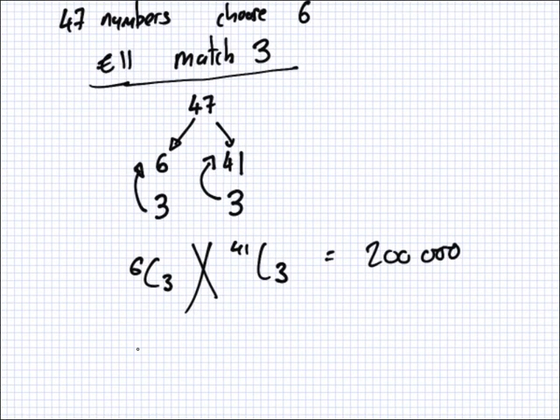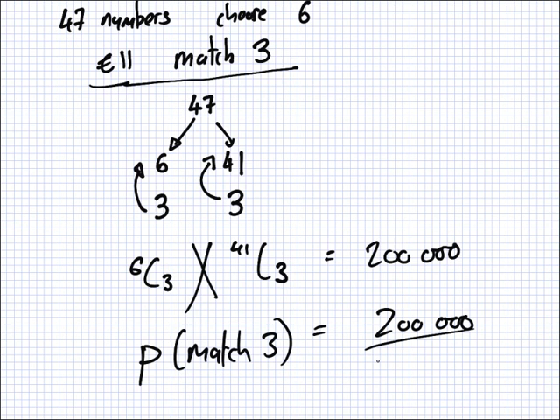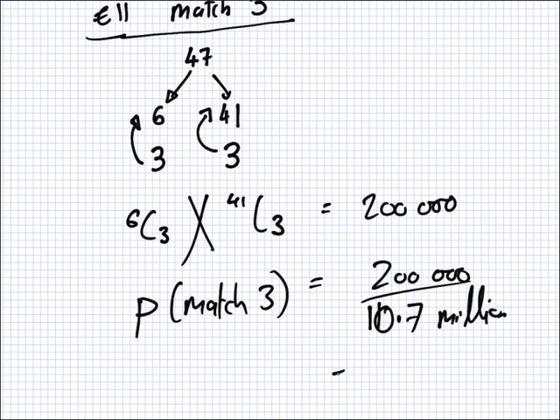So then what would be the probability to match 3? That would be 200,000 roughly over, what do we say, 10.7 million. So what's that? 1 in 53 roughly?